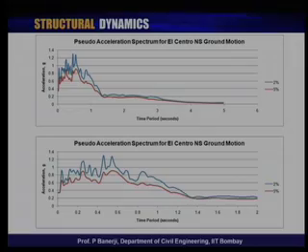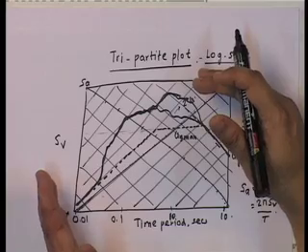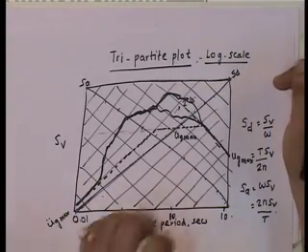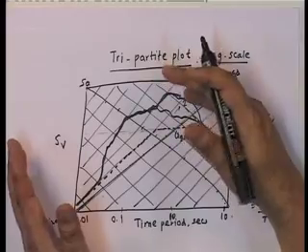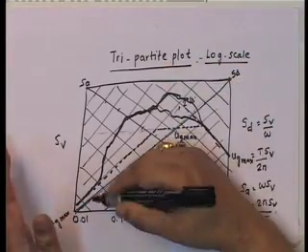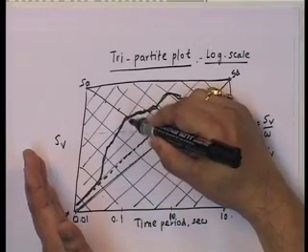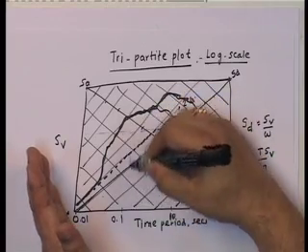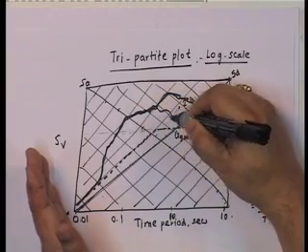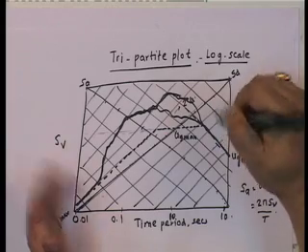The difference between these is that this is a log scale plot, and therefore, this is a linear scale plot. These are linear scale plots. But if you really look at it, this is what is happening. Goes up, it peaks at about 0.3, 0.4 seconds, and then it comes down and it goes to 0 as you go higher and higher.